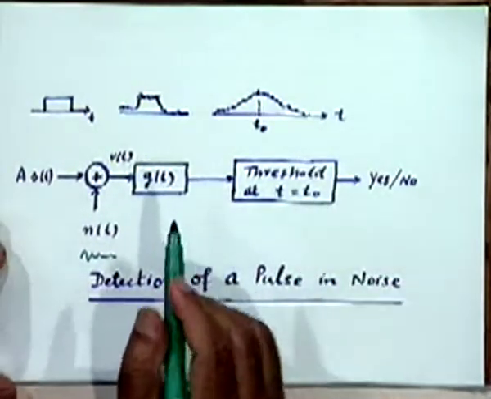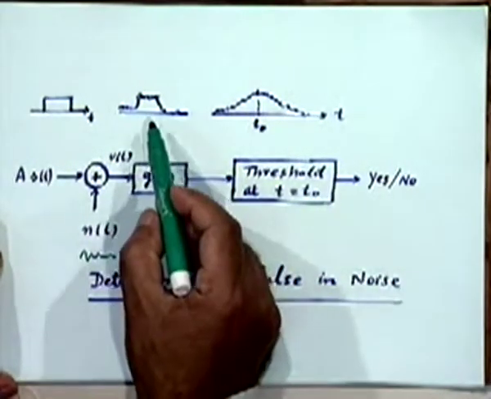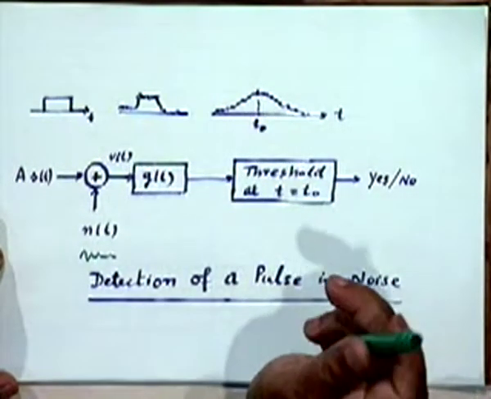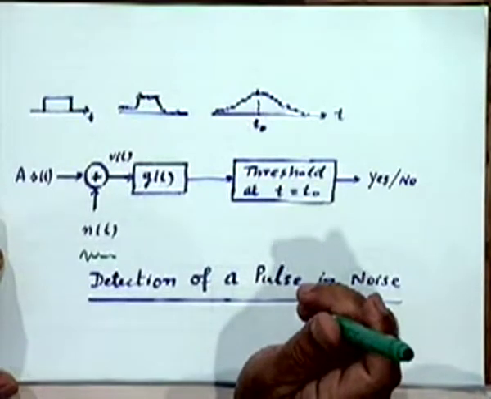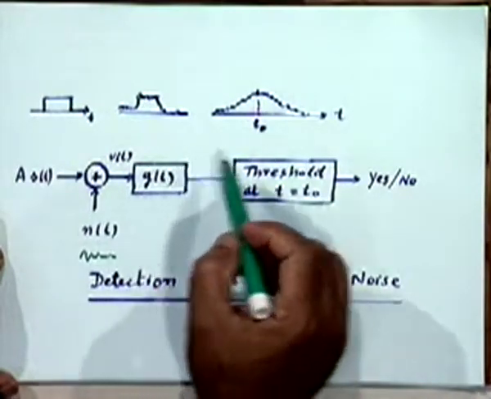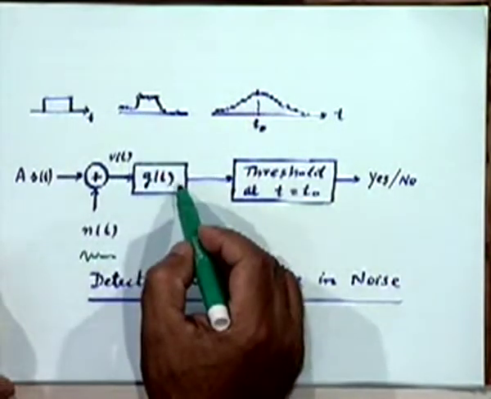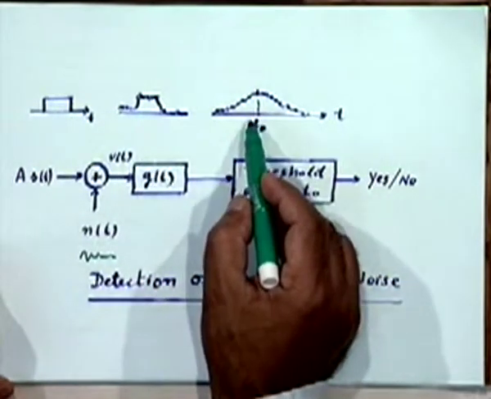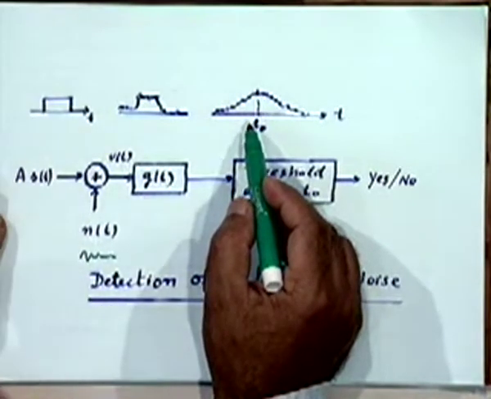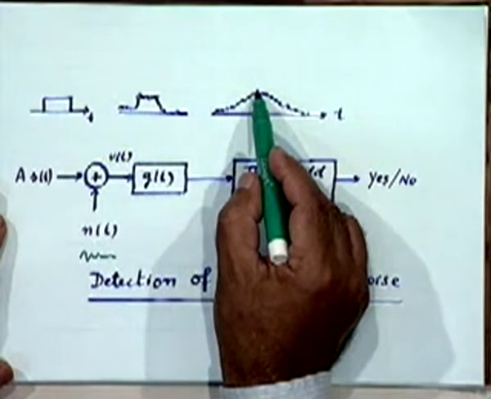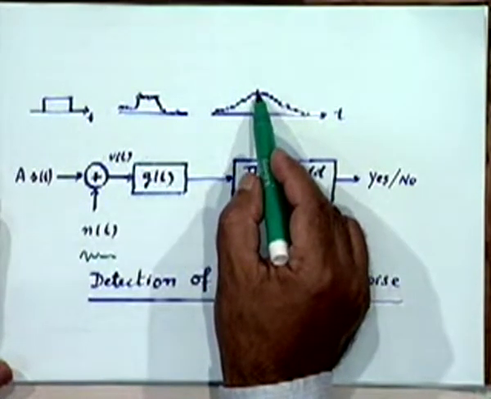So at best what we will try to do is pass it through a filter and then sample the output of this, because all we have to do eventually is take a decision, right? We don't really need to look at a complete waveform. So we will pass it through a filter such that as much noise as possible is rejected, whereas at a certain point in time, if we sample it, we should see a large contribution due to signal.